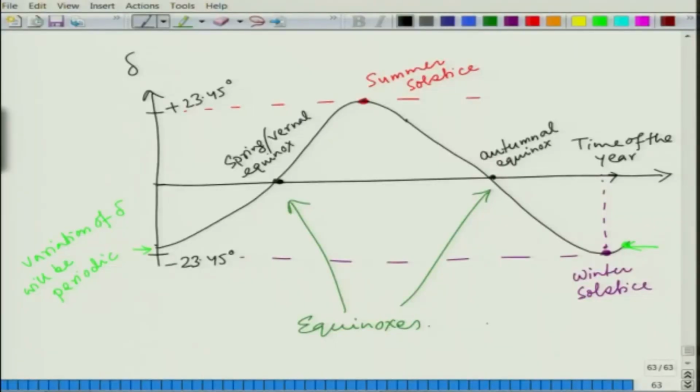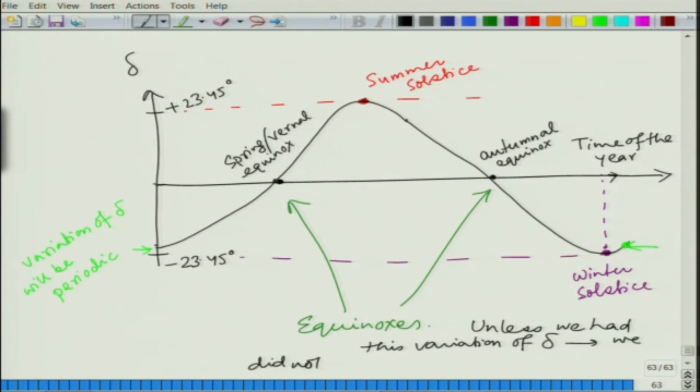talking about. Okay. And unless we had this variation of delta, we did not have seasons, and probably we could not have life on the face of earth.